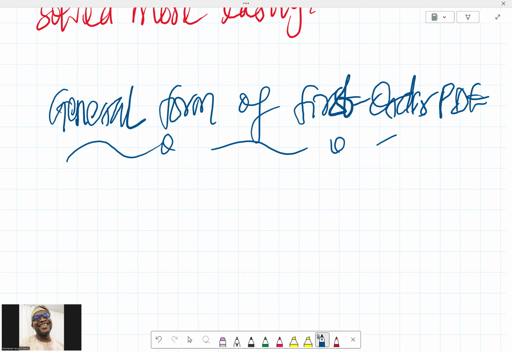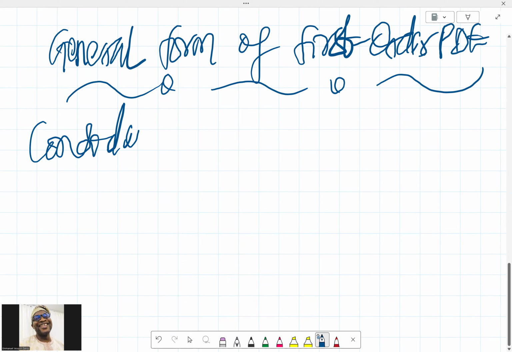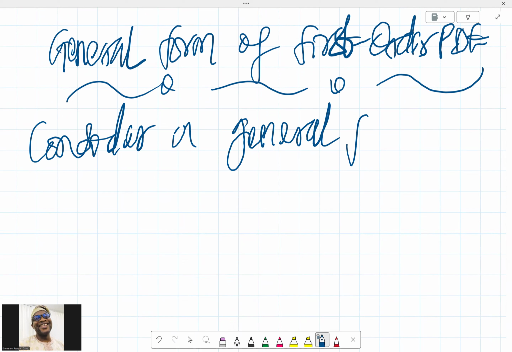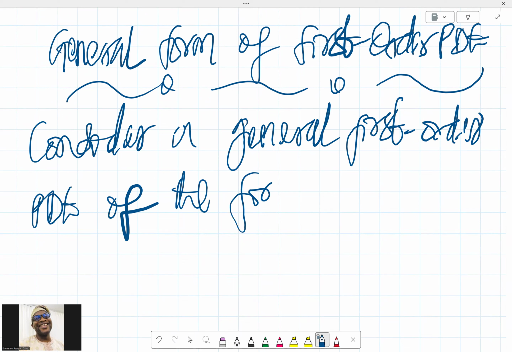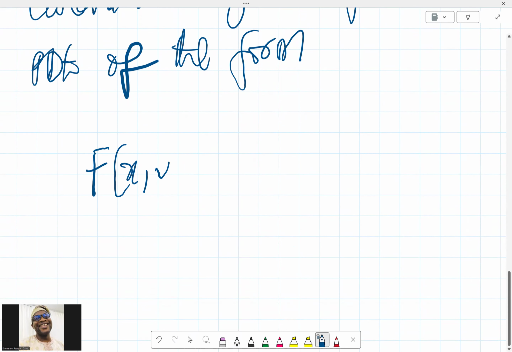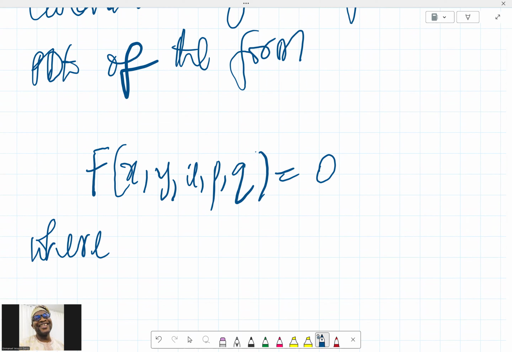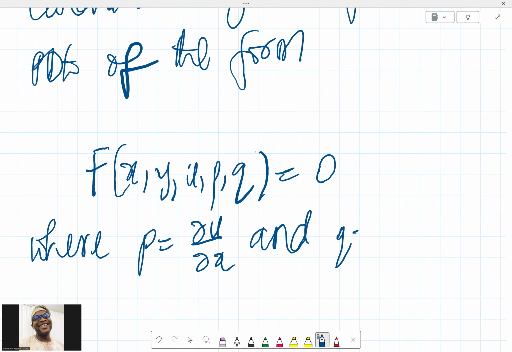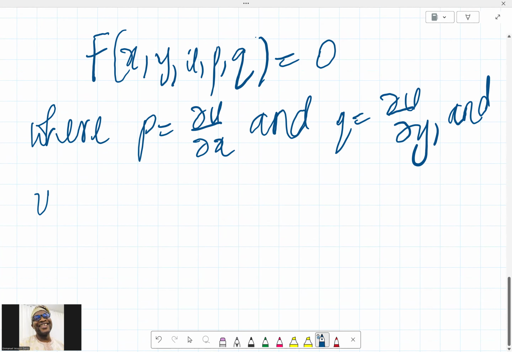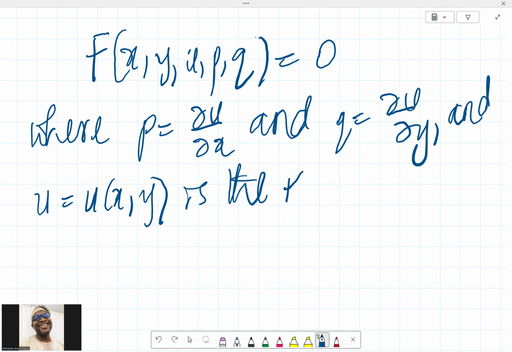Consider a general first order PDE of the form f of x, y, u, p, q equals 0, where p is partial u partial x, and q is partial u partial y, and u itself is a function of x and y, the unknown function that we are looking for.